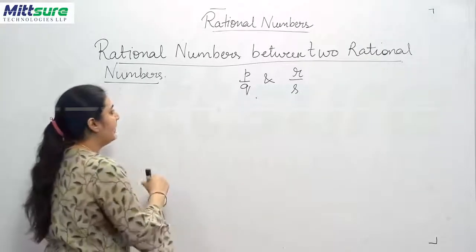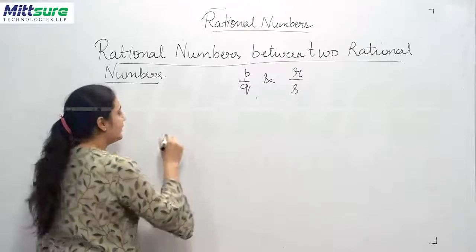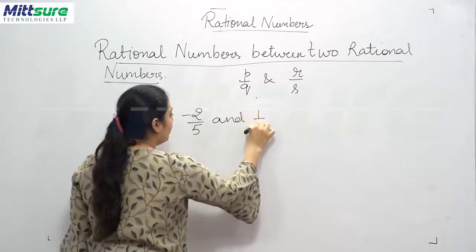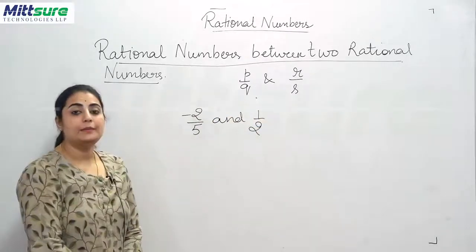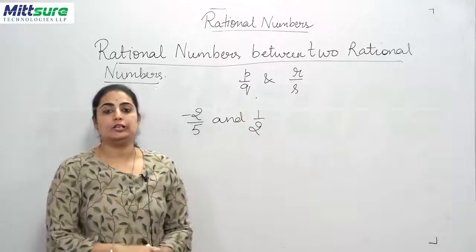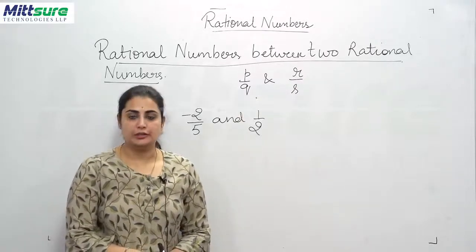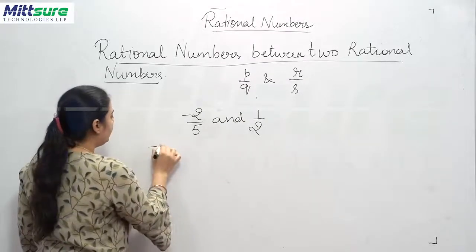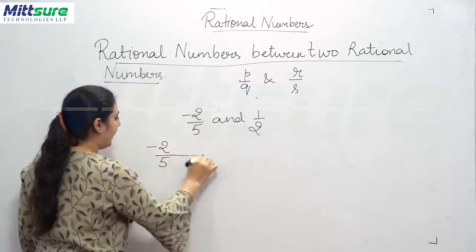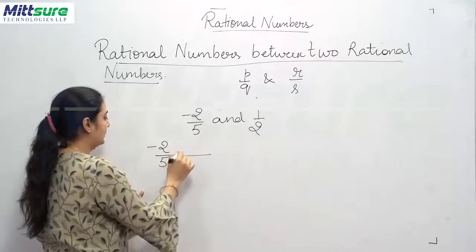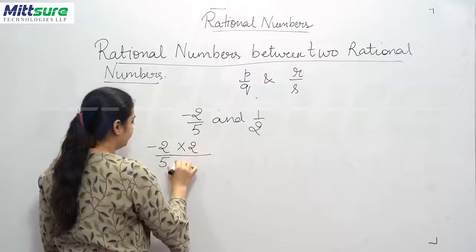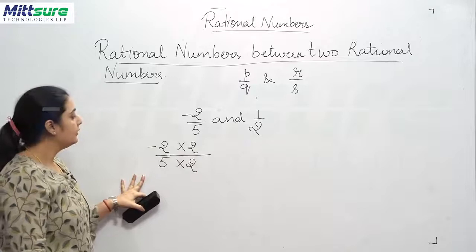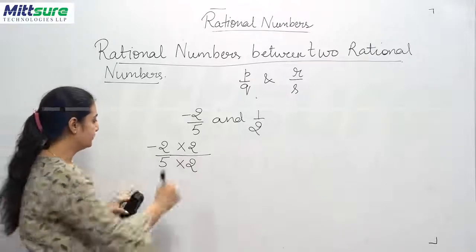Now another example which I will take is -2 upon 5 and 1 upon 2 as my two rational numbers, and I am supposed to find 10 rational numbers between these two. For that, first of all, I will take -2 upon 5 and multiply it by 2. The numerator and the denominator will be multiplied by 2.